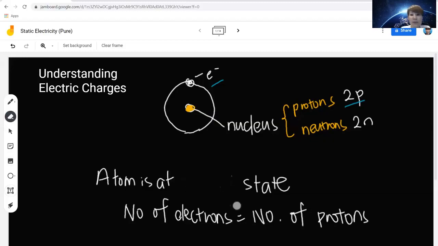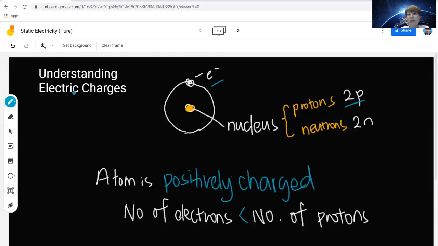The number of electrons is less than the number of protons. If there are fewer electrons, it means that the atom is positively charged. So an atom is positively charged when it has more protons than electrons.